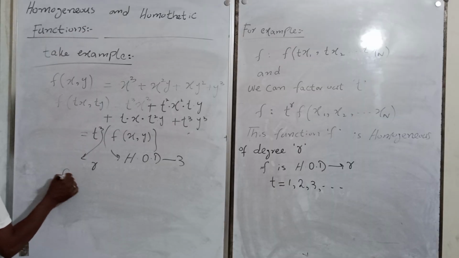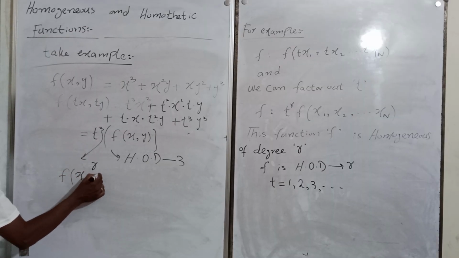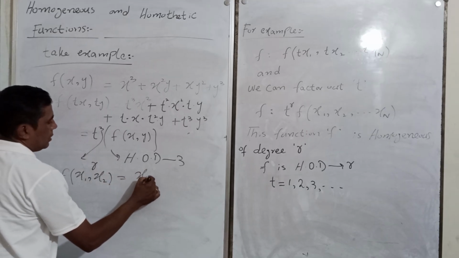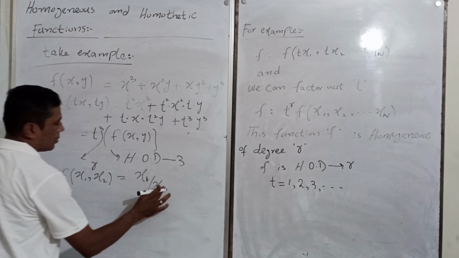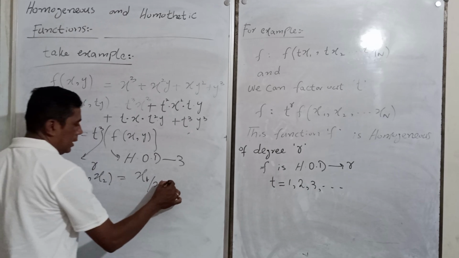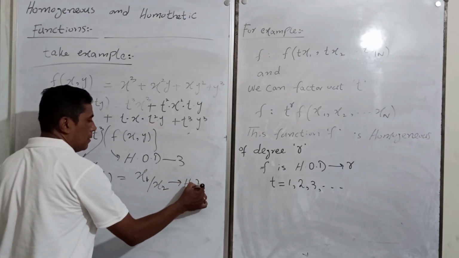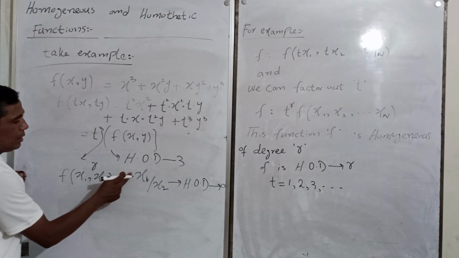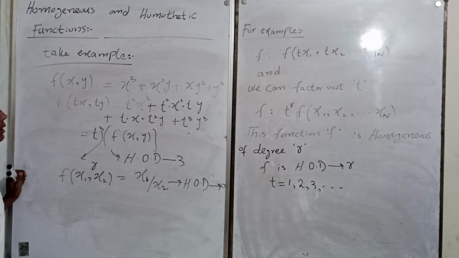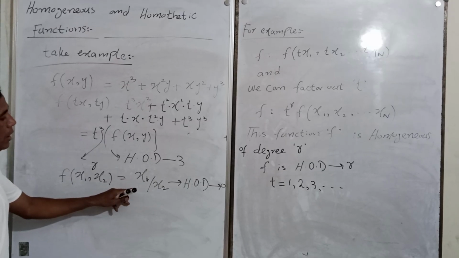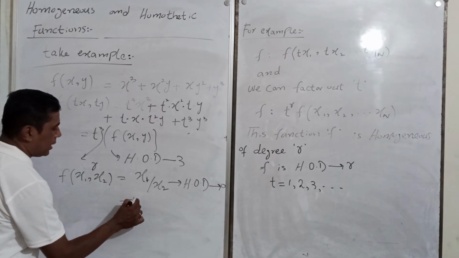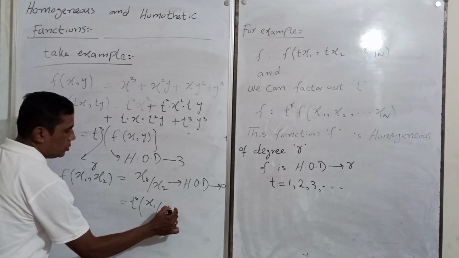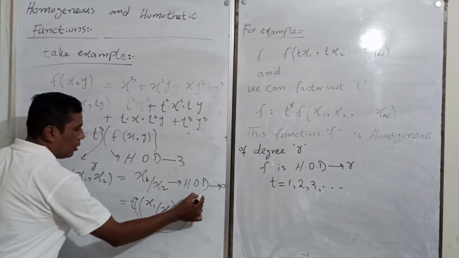And what about this one? For example, f(x1, x2) is a function of x1 over x2. It is HOD 0. Why? tx1 and tx2 both cancel out, so there is no t, because the power of t is 0 here. So x1 over x2 is HOD of 0.